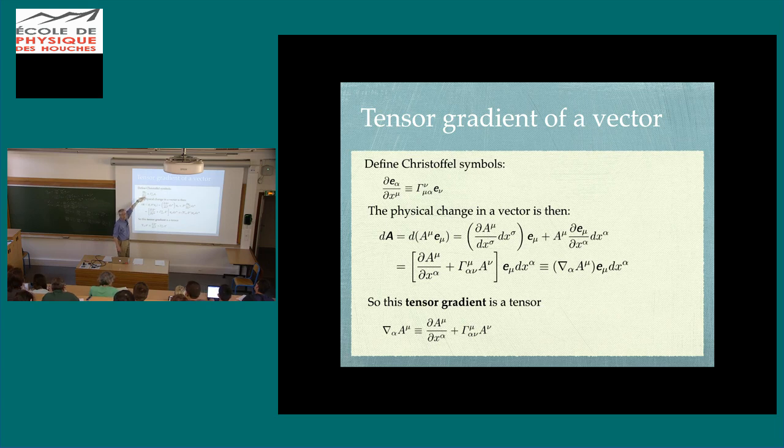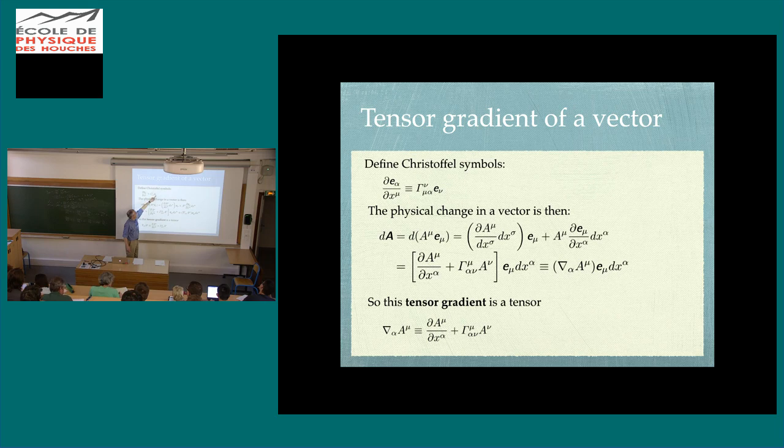I'm going to take a certain displacement in the p direction and ask, how much do the basis vectors, say the p or the q basis vector, change? I'm going to write that as a vector, so it depends on which direction I'm going in and which basis vector I'm talking about.